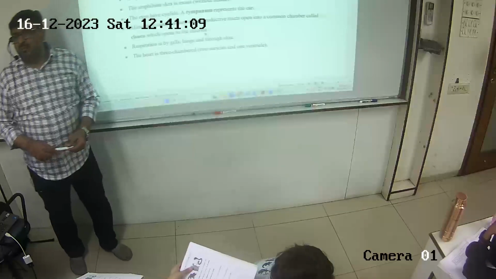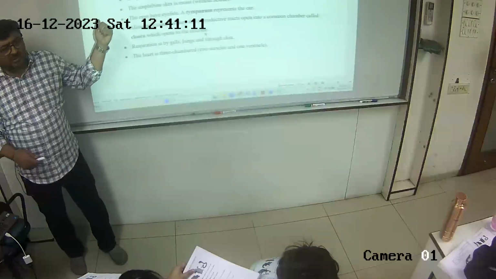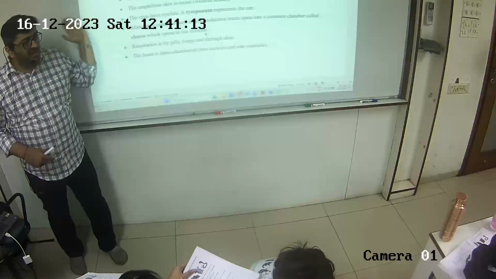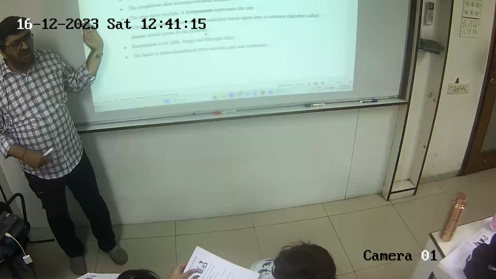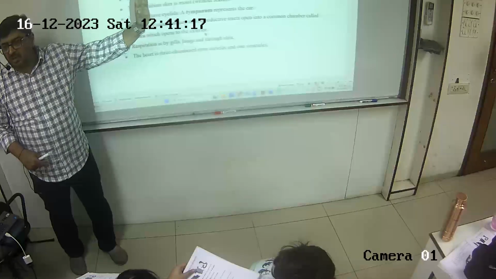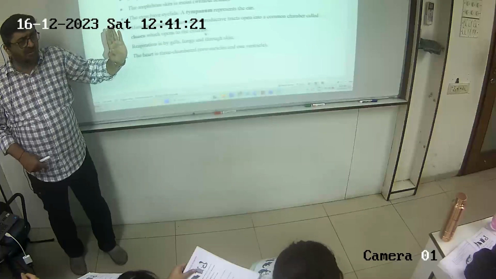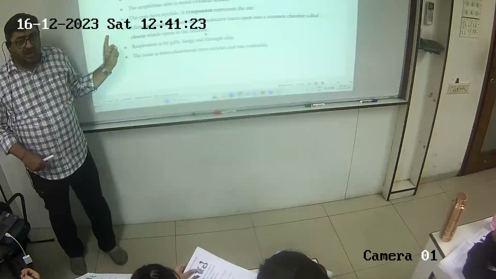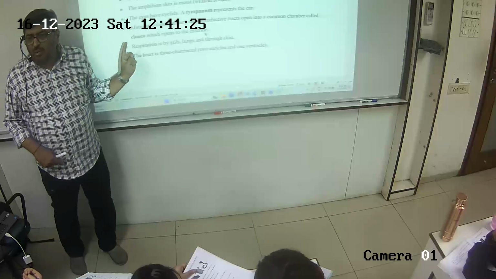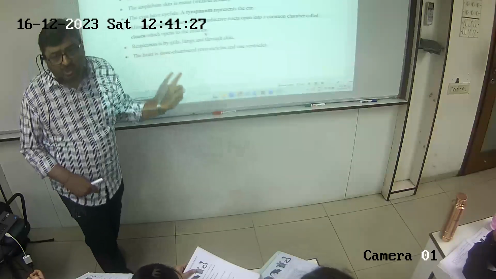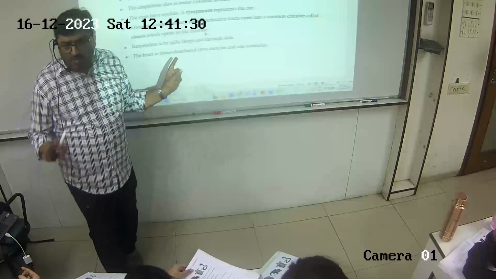Heart is 3-chambered. We mentioned progressive evolution, right? Fishes had what? 2-chambered. This has now become 3-chambered, with 2 atria and 1 ventricle. Now here, although we have a double circulation, I hope you know what a double circulation is.